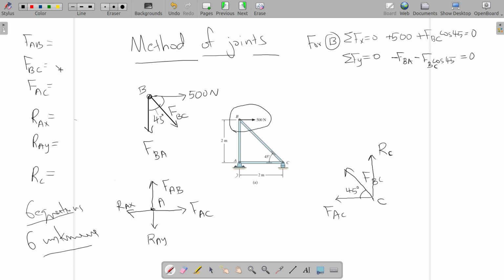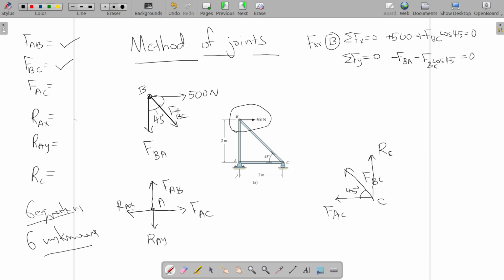So FBC is done. If you substitute FBC here, you will get FAB, which is done. FAB and FBA are the same thing, okay? And many problems with regards to direction will be sorted out here. You can see that you only have components towards the right here.